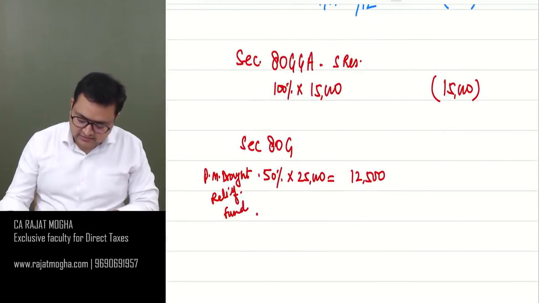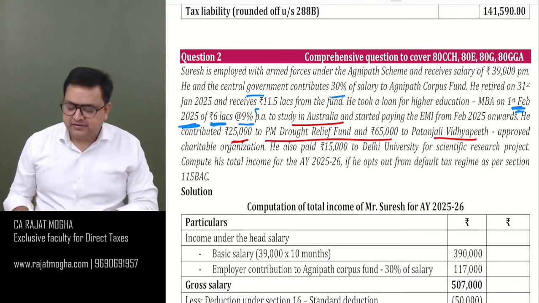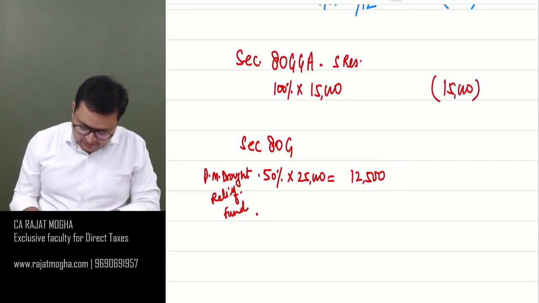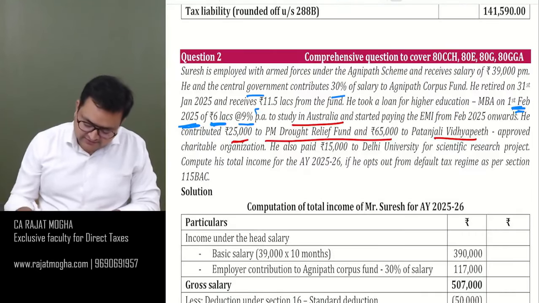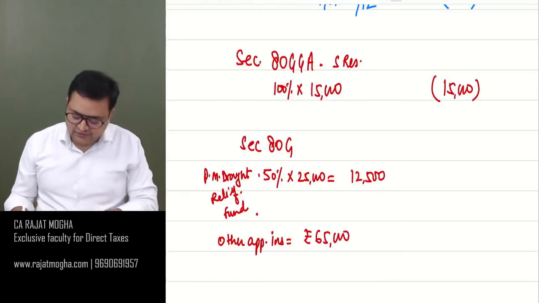Second, he is also donating to Patanjali Vidyapeeth. That is another institution, another approved institution. How much has he donated? 65,000. So rupees 65,000 he has donated there.